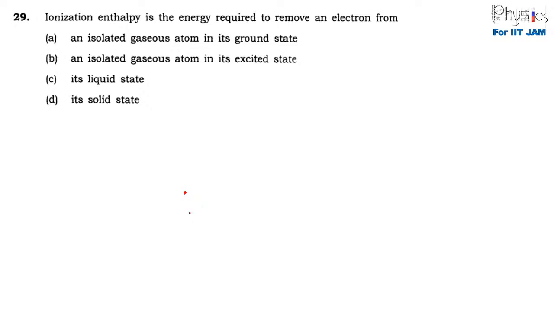So by definition this ionization enthalpy is energy required to remove an electron from an isolated gaseous atom in its ground state. So it is option A, an isolated gaseous atom in its ground state is our correct answer.